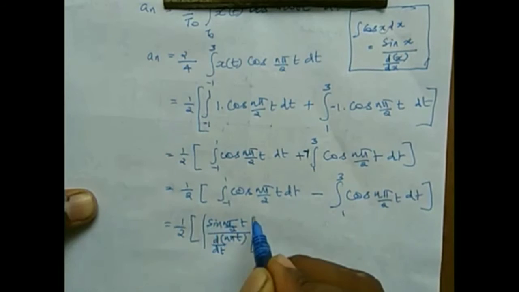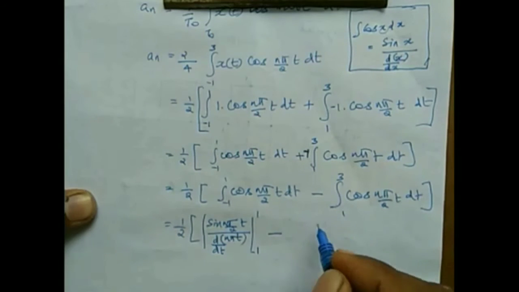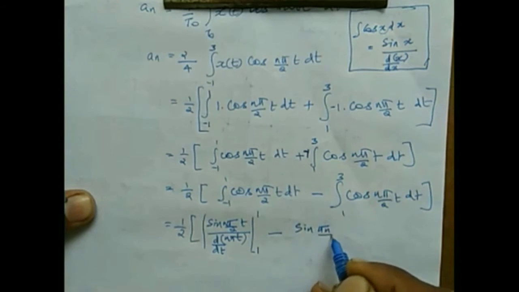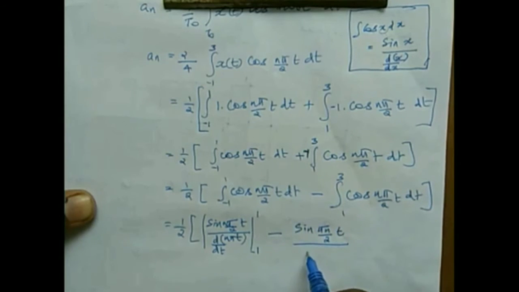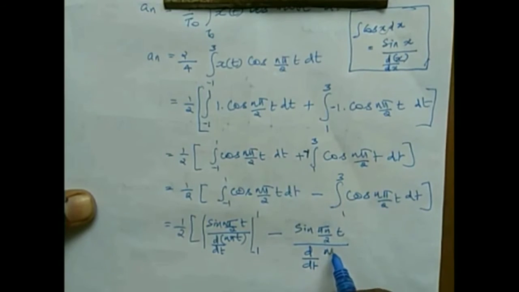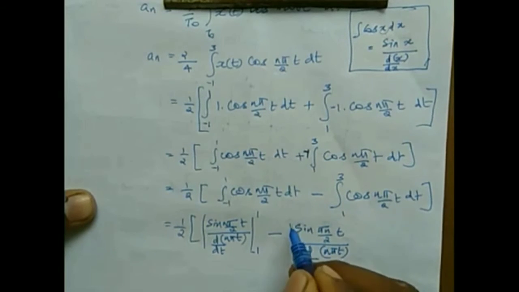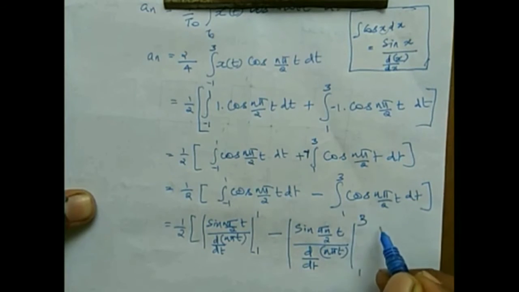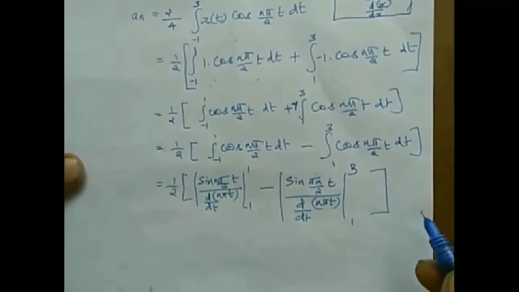We can take this limit as -1 to 1, minus this one is equal to sin n pi by 2 t divided by d by dt of this angle n pi by 2, with limit of integration 1 to 3, and close the bracket.